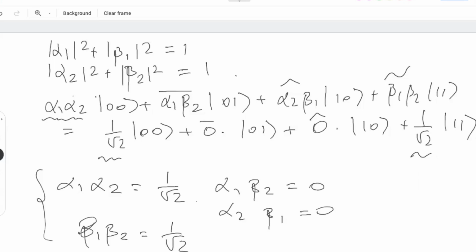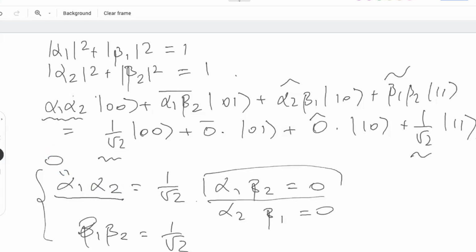So the problem is that either alpha 1 or beta 2 from this equation would have to be 0. But if it's alpha 1, this quantity here would be 0, so it cannot be equal to 1 over square root of 2.